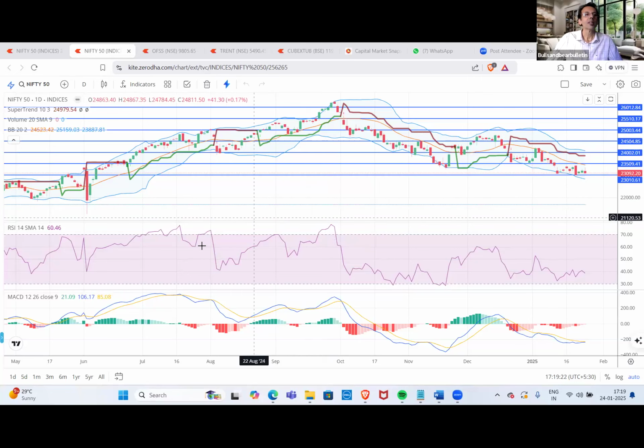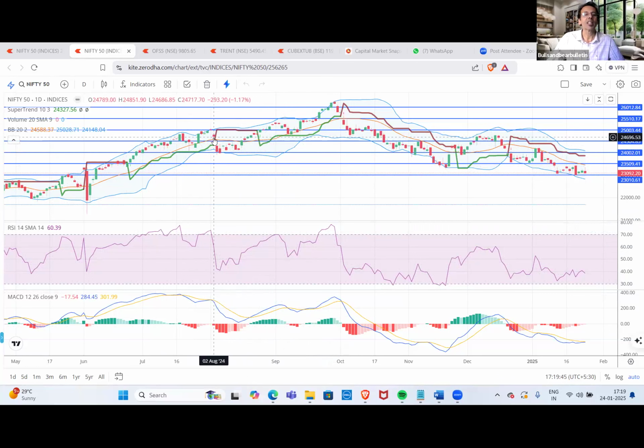Okay. So this is Nifty 50, where you can see I'm having the RSI indicator on the downside here, as well as the MACD. And you can also see the Bollinger Bandwidth. Bollinger Bandwidth is again a very good indicator which shows where the contraction is happening.